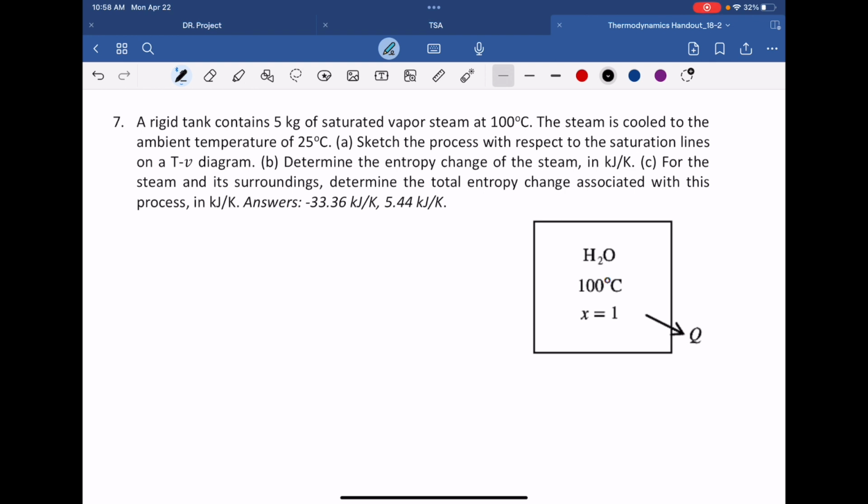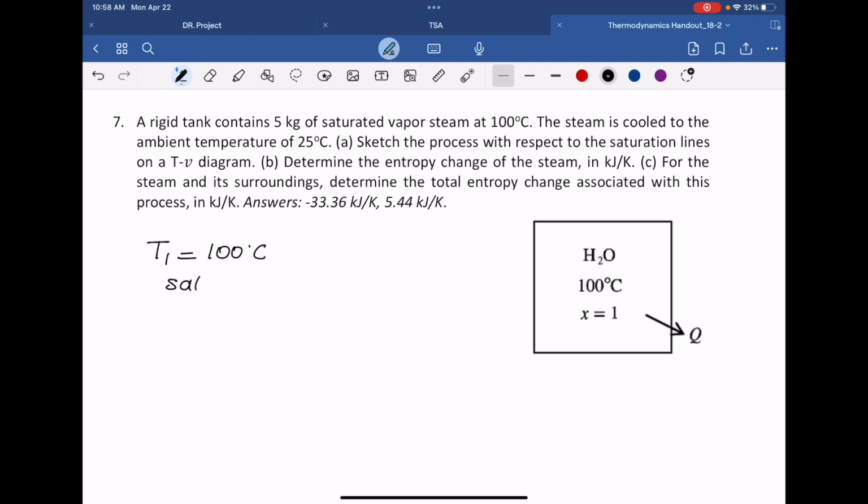All right, very good. What they are giving us is, first of all, in the first state, we are given the temperature, and quality is 1 because it means it's a saturated vapor. This will give me a lot of properties that I need to find. Let's start with state 1. Temperature is 100.